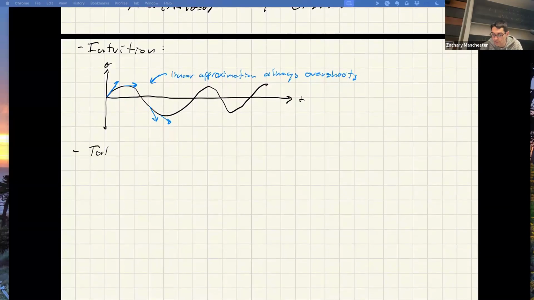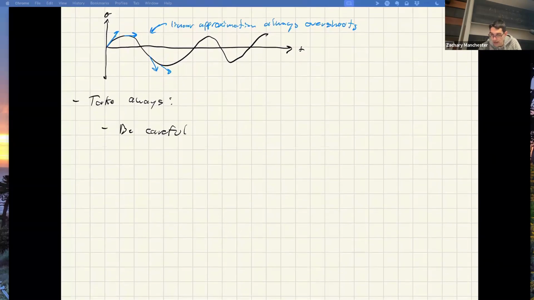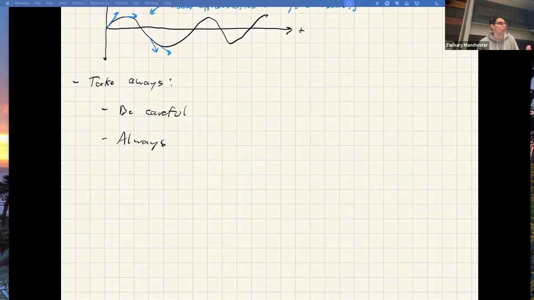So a couple of takeaways from this whole conversation. Basically, always be careful when you're doing simulation. Always sanity check on systems where you know what the answer should be, where you can sanity check energy or momentum behavior. Never trust a sim at face value.